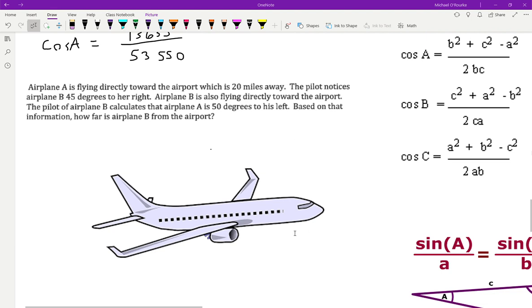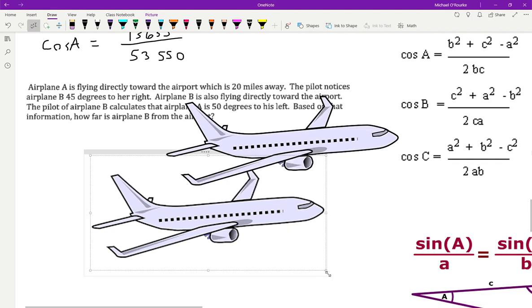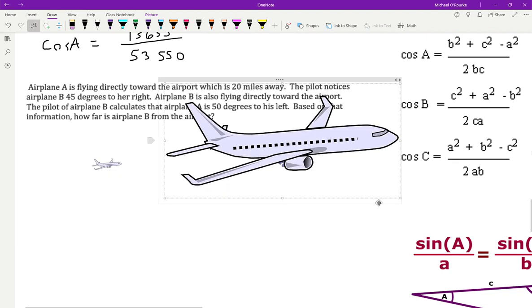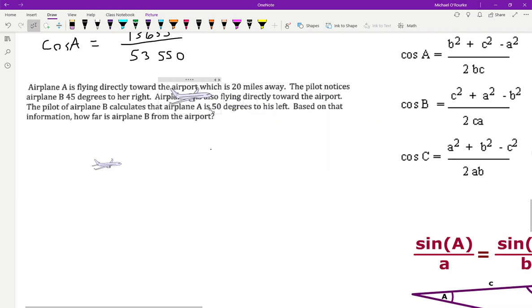Let me bring that in. Alright, let's make a real nice diagram. As I try to do that, it messes everything up, so. Oh, come on. Let's move the diagram. Alright, here we go.